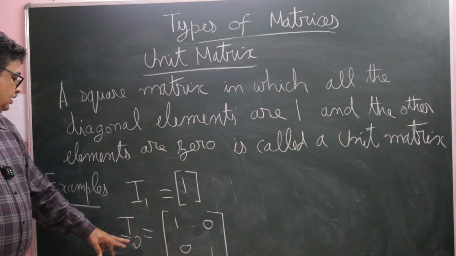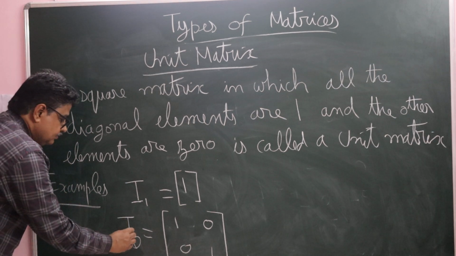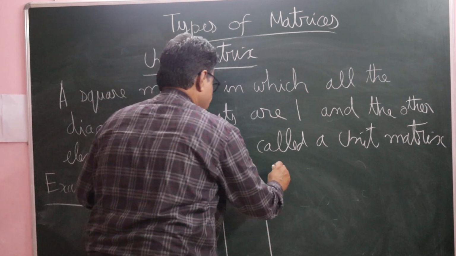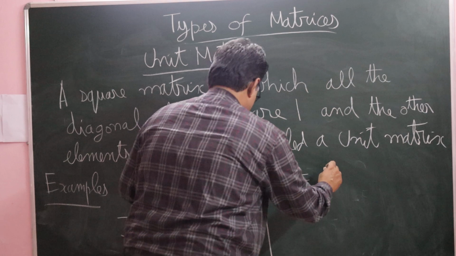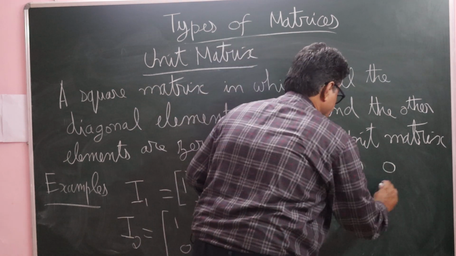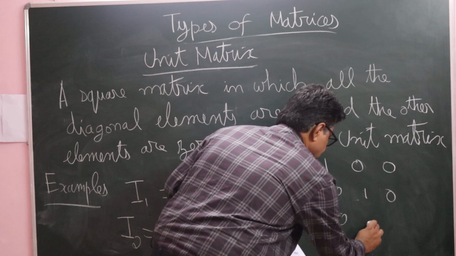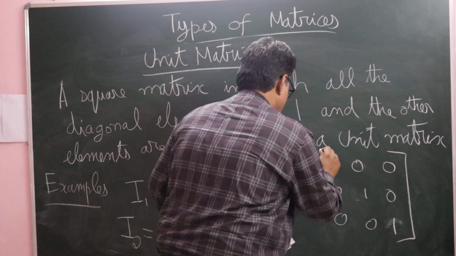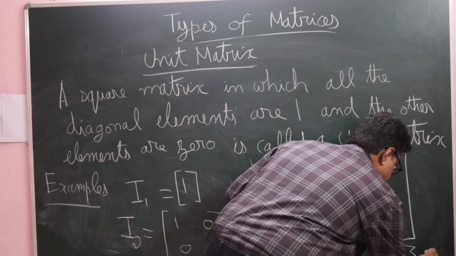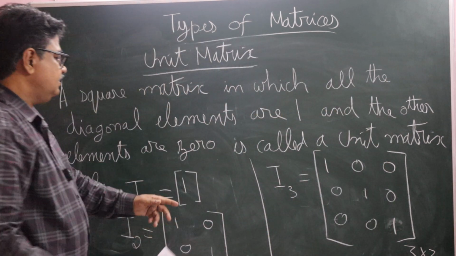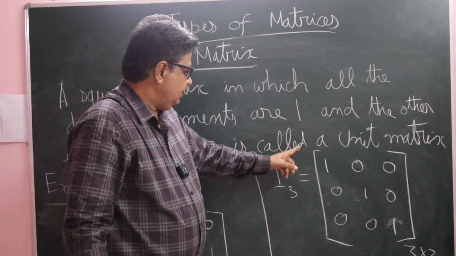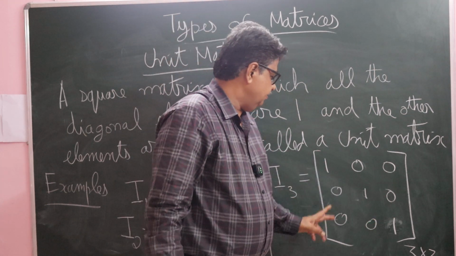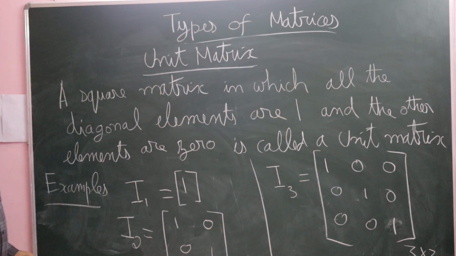It is a unit matrix, a 2 by 2 unit matrix. So this is a 3 by 3 unit matrix. The elements along the main diagonal are 1. Other elements are 0. So it is a 3 by 3 unit matrix.